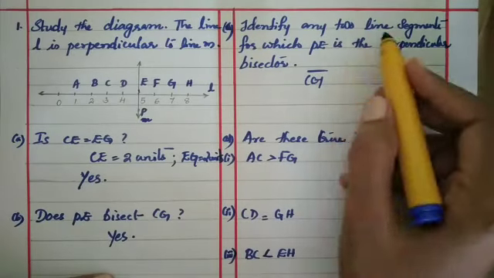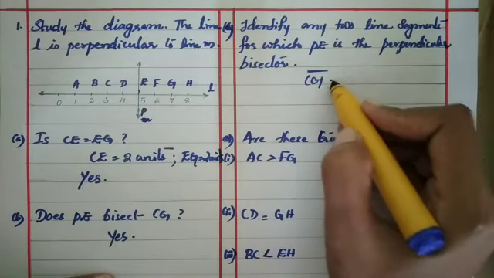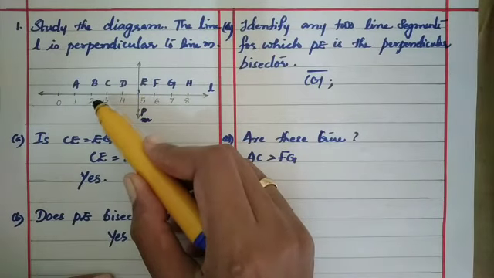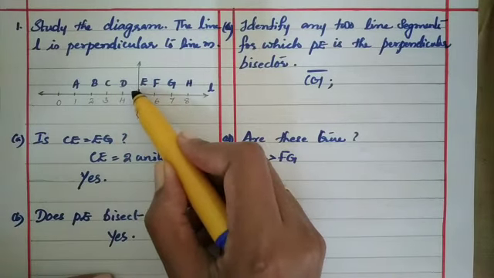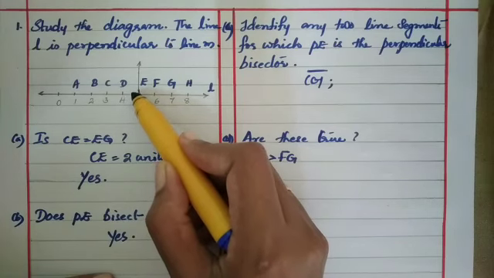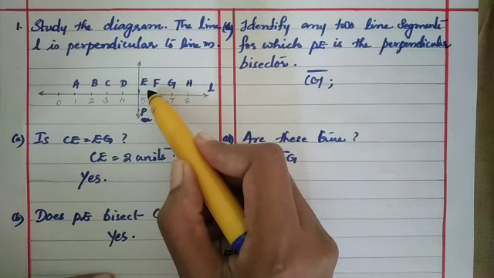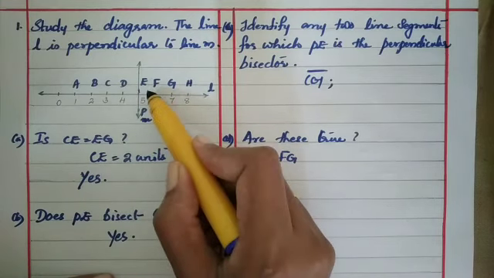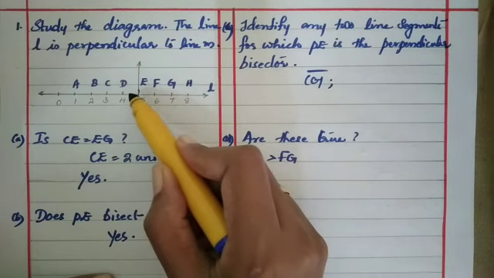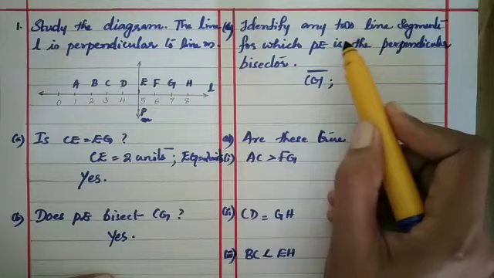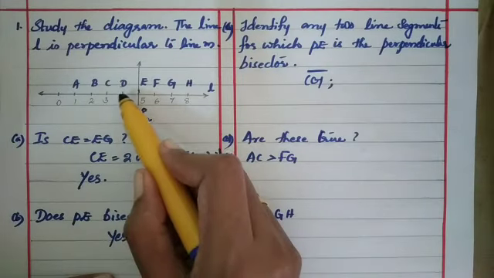Two line segments: the first one CG, then one more. PE bisects another one. D to E is 1 unit, E to F is again 1 unit, so DF is also a line segment. So you can take DF.